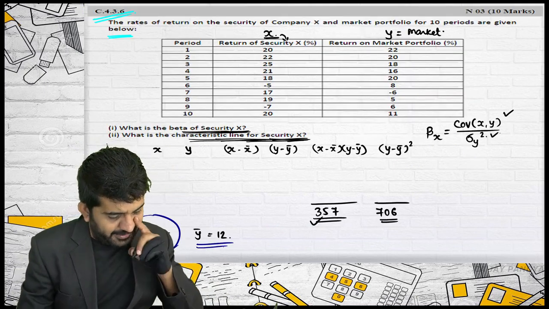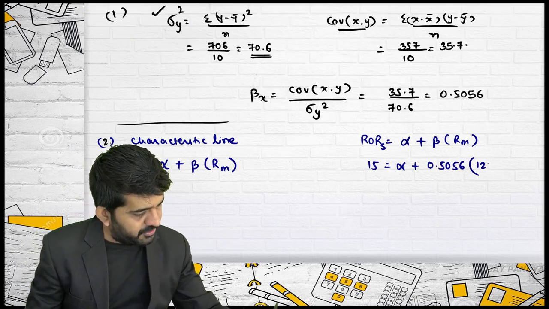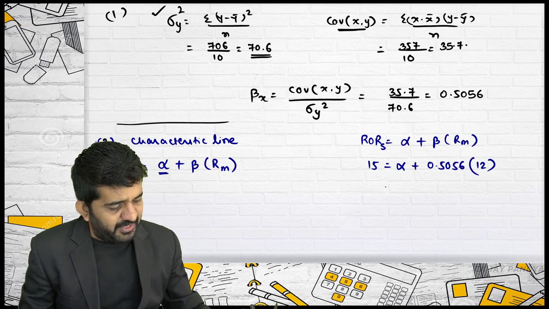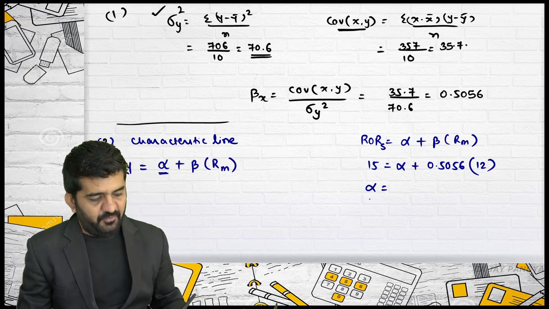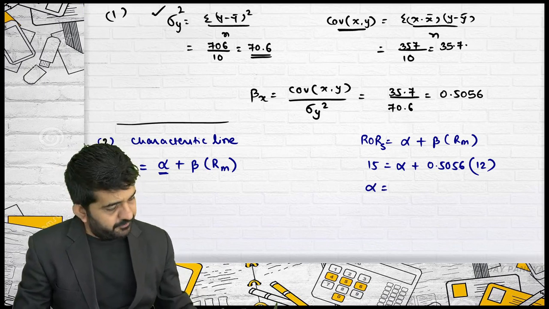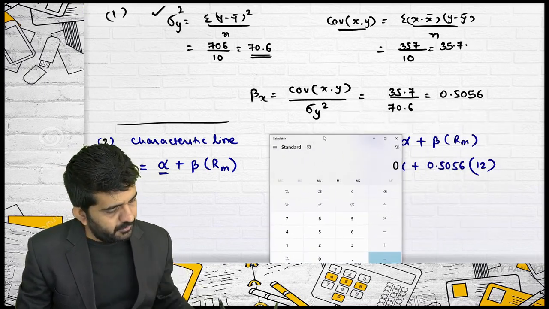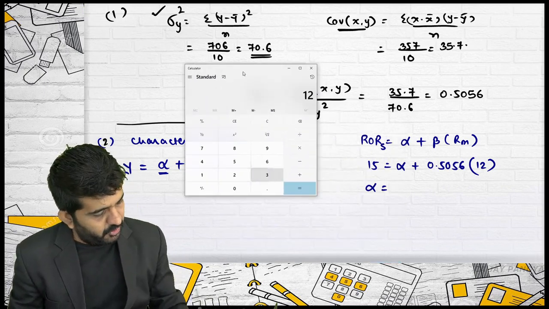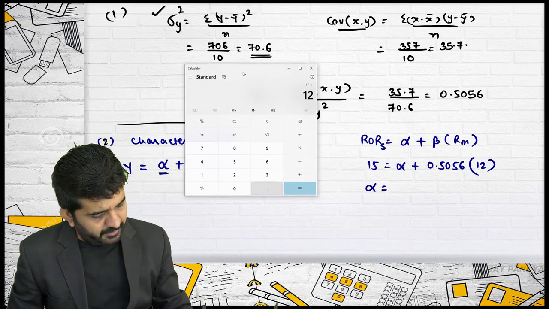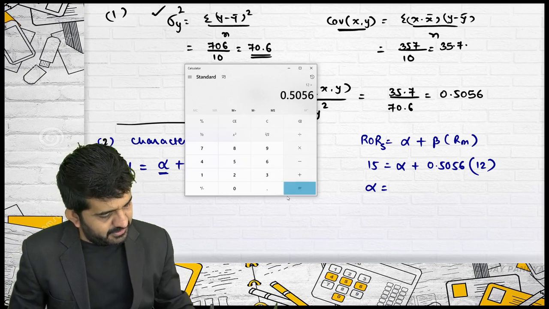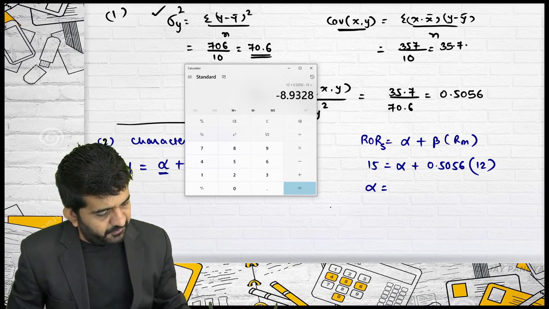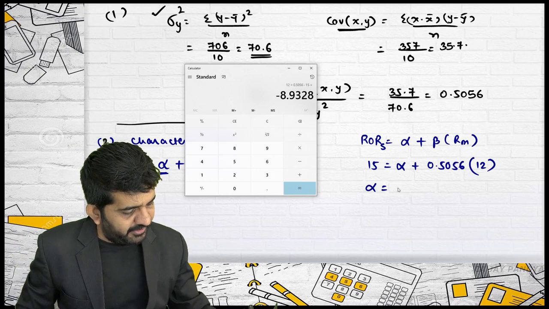The return of the market is 12%. If I solve this, I will be getting alpha. It is 15 minus 12 multiplied by 0.5056, which is 8.9328.